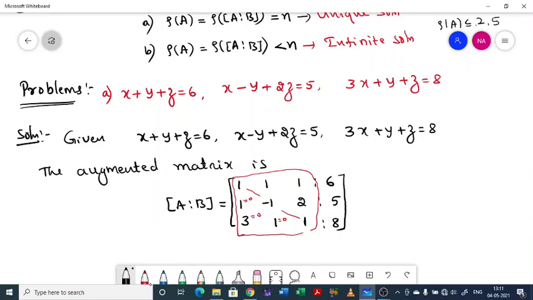Reduce this to upper triangular form, then compute the rank of A colon B and rank of A. Rank of A colon B is obtained by considering this column along with this coefficient matrix. To find the rank of A, just concentrate on this part. Only from this augmented matrix you can compute the rank of coefficient matrix also. Then compare that with number of variables. Number of variables generally will be 3, sometimes you may get 4.